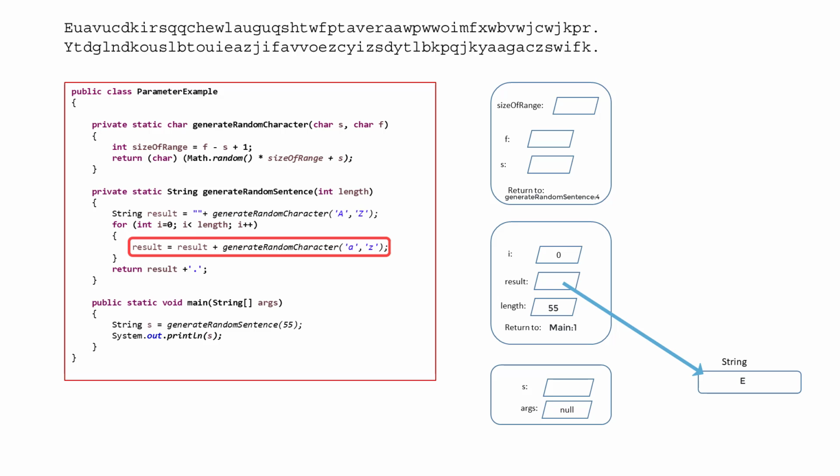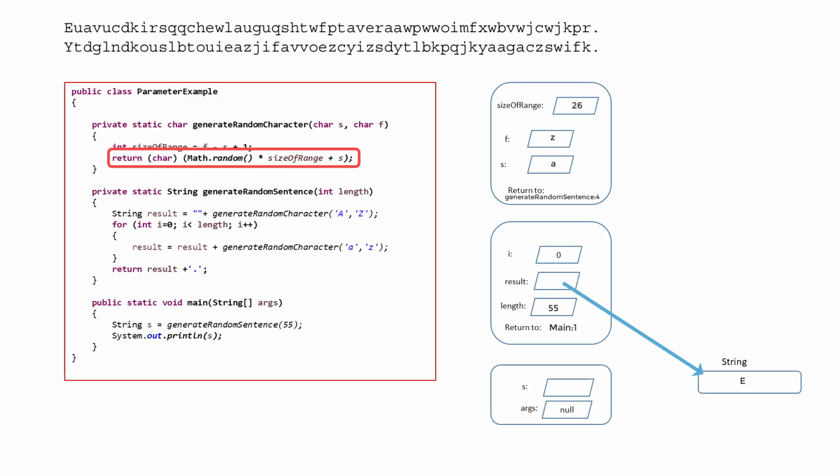It's going to have a lowercase a for S and a lowercase z for F, and it's going to have space for size of range. This time the size of range is still going to be 26 because there are 26 characters between lowercase a and lowercase z, just like there were 26 characters between capital A and capital Z.